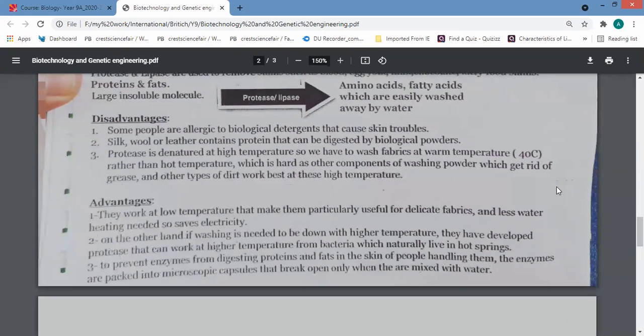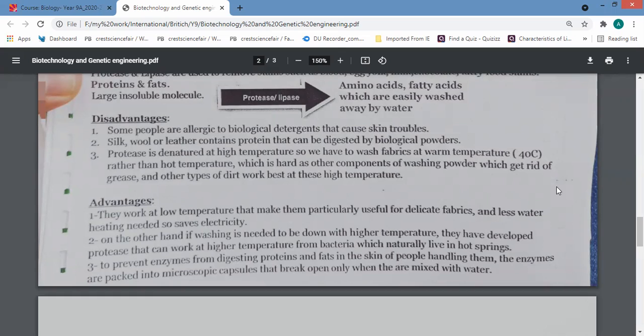As we said, some people use detergents or washing powder improperly, so the enzymes break down and the stains are not removed. We know that the enzyme is affected by temperature.